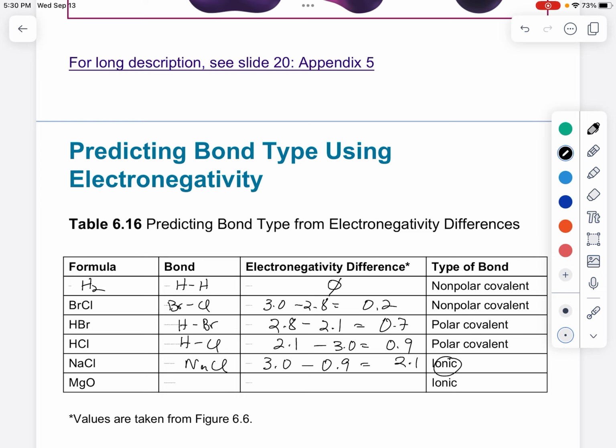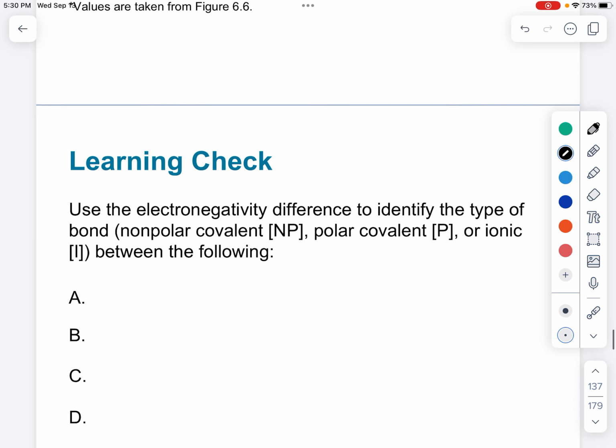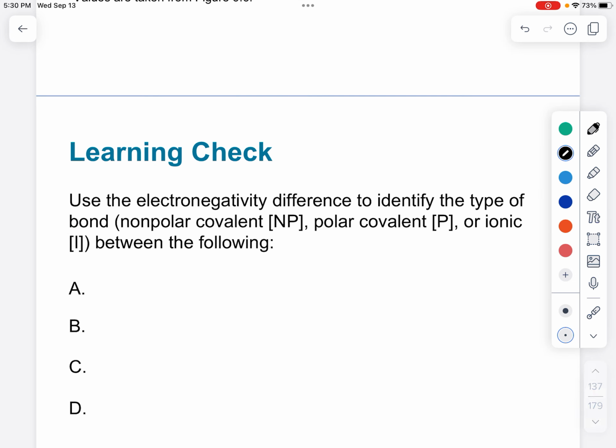That's going to be ionic. MgO, 3.5 for the oxygen minus 1.2 for the magnesium is 2.3. That will be ionic. Okay, you guys can do those.